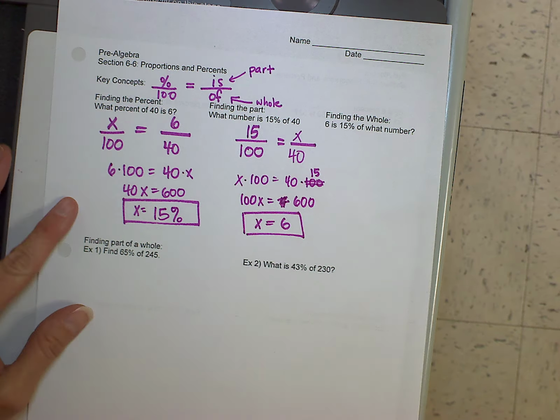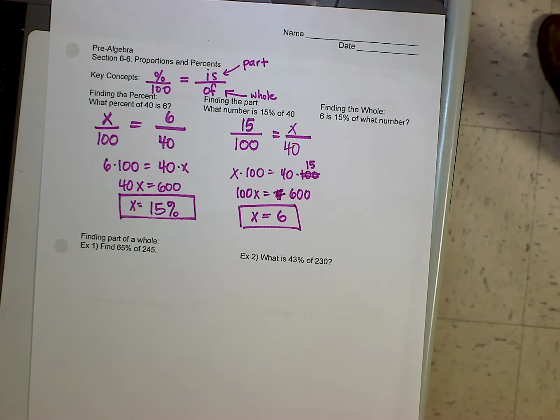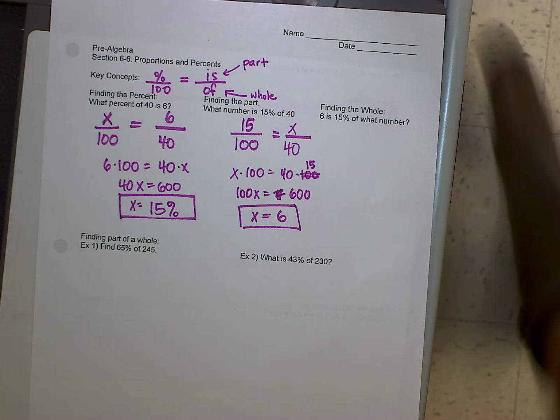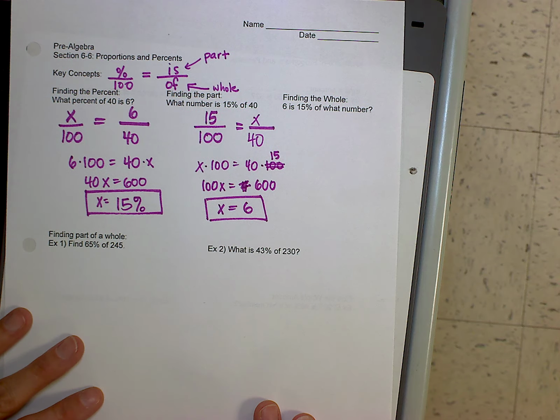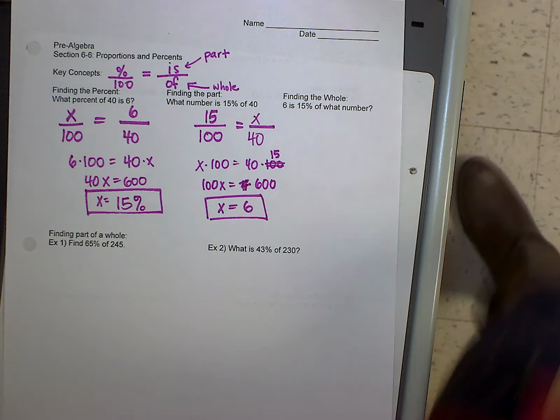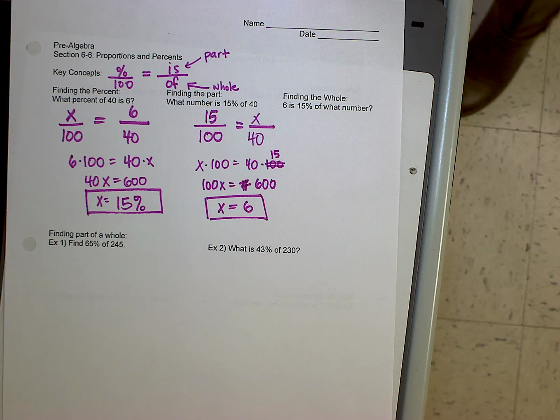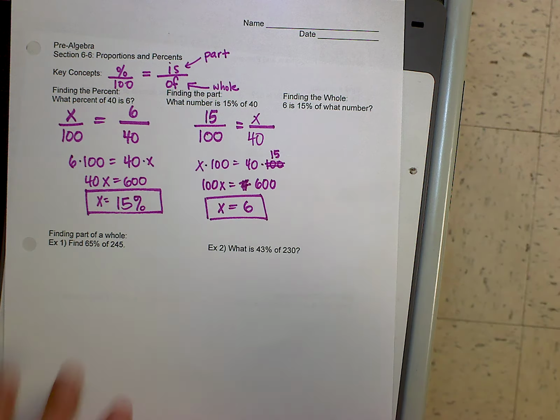And then last one, I'm going to be finding the whole. We already know the whole. What is 6 is 15% of what number? 40, right? But let's just go through. We're going to put 15 over 100 again.